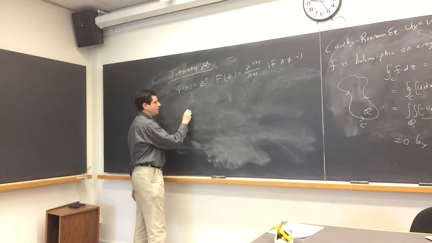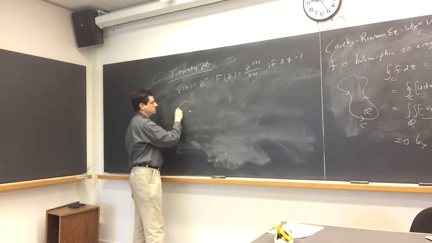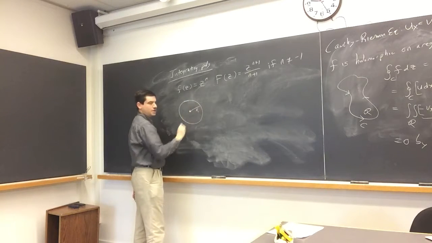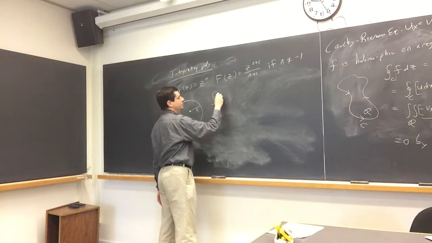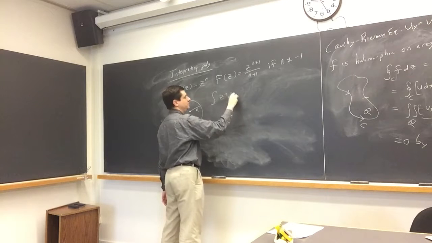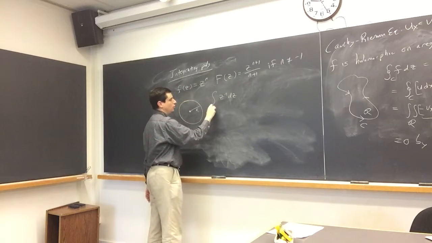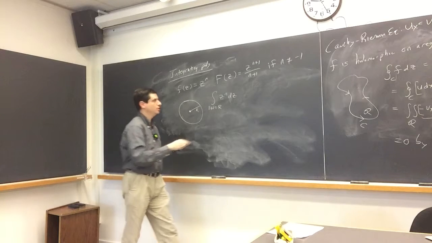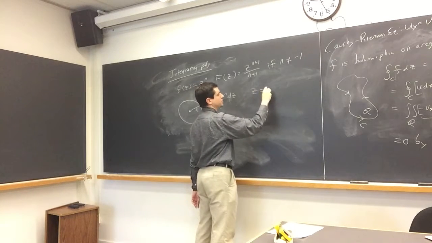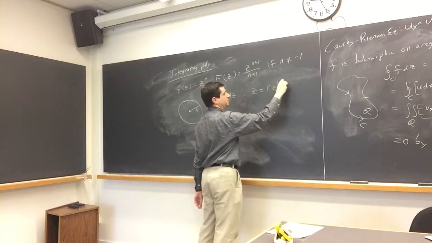So what we're going to do now is, here's the origin. Here's a circle of radius r. And I want to integrate the function z to the n dz along all z that are equal to r in absolute value. So I'm going to write z in polar coordinates as r e to the I theta.